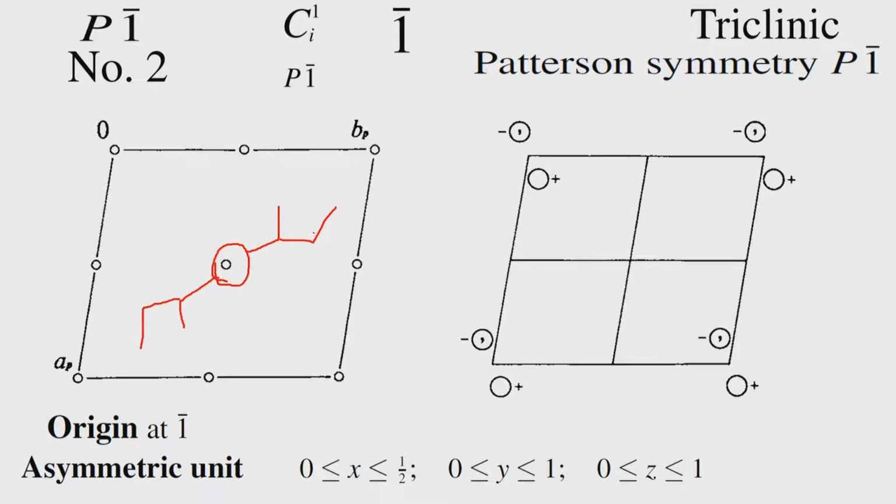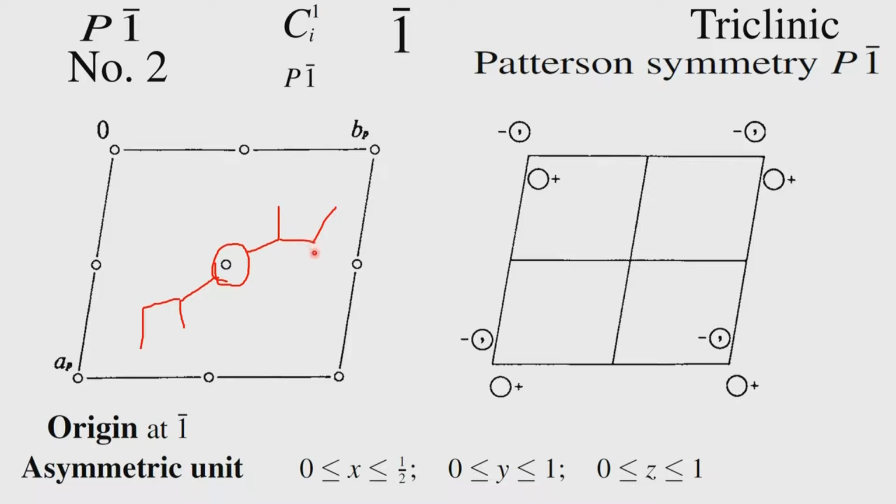Now, suppose you take this position and call it x, y, z, this has generated the x bar, y bar, z bar over here. Let me show it using the laser pointer. So, this atom sees this center of symmetry and undergoes the symmetry operation.